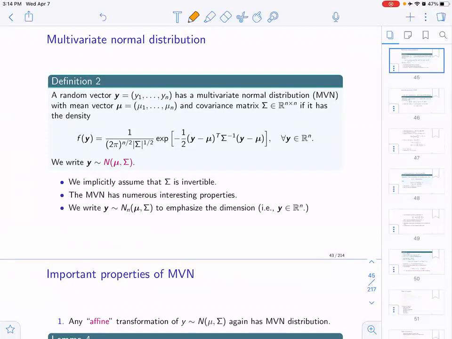In the univariate case, does anyone remember?